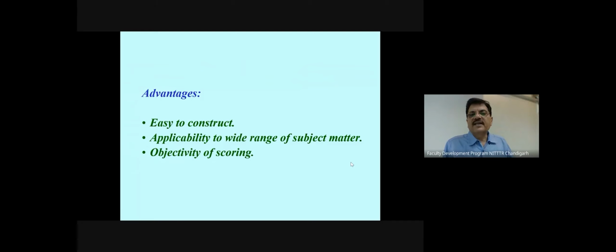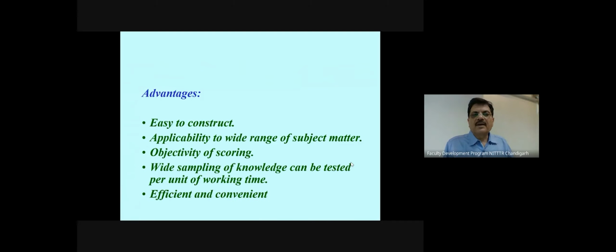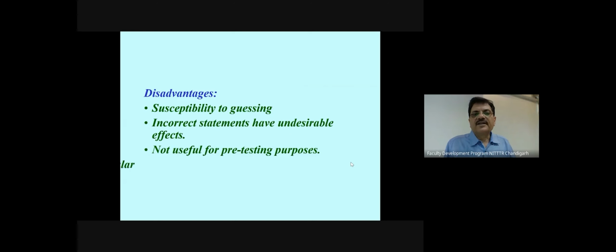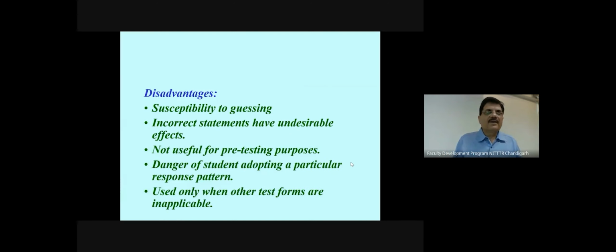Now advantages: easy to construct. More subject matter can be covered. Scoring is objective. And in a few minutes you can attempt large number of questions, and efficient and convenient as far as administration and scoring is concerned. Disadvantage is that student may adopt some guessing.